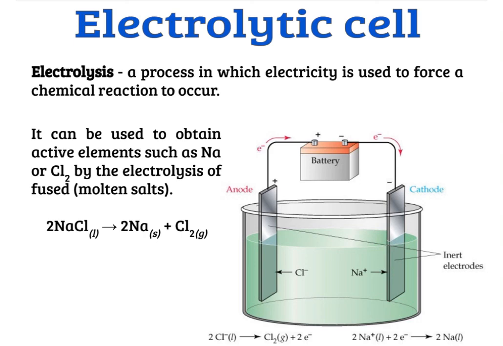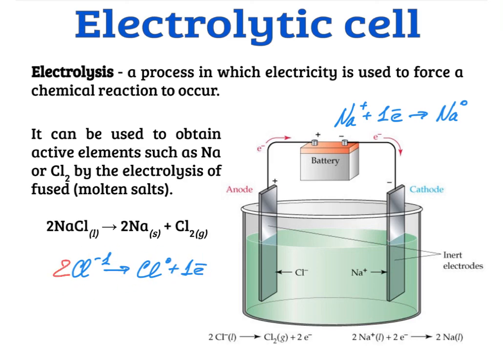On the cathode, the sodium will be happily reduced into the atomic sodium, and chloride ions will be oxidized into the atomic chlorine, losing their extra electron and combining themselves into diatomic molecule of chlorine. 2 electrons are lost, 2 should be accepted, so we need to adjust our reduction half reaction for sodium as well.